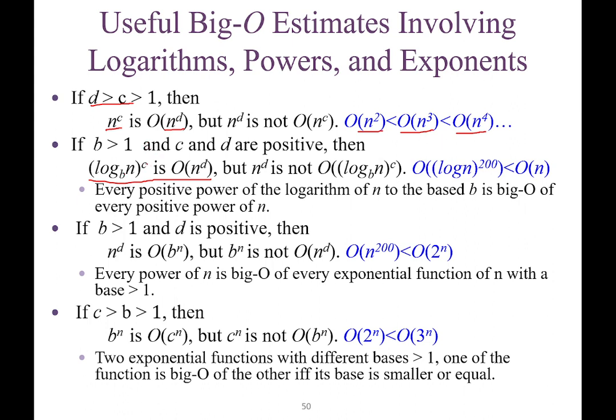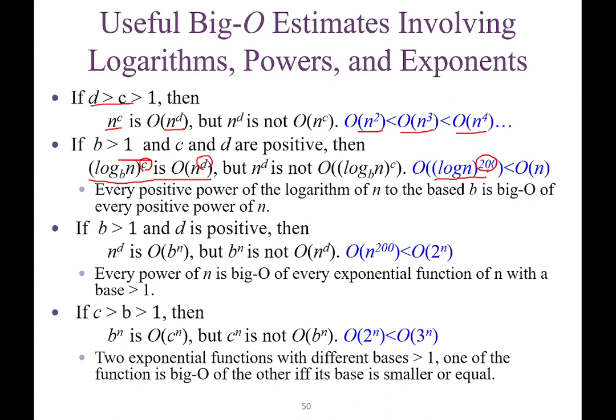If we have the power, for example, log n to the power of c, and a polynomial function n to the power of d, then we can see no matter what the values c or d are, the log function is always slower than the polynomial function. For example, we can write log n to the power of 100.